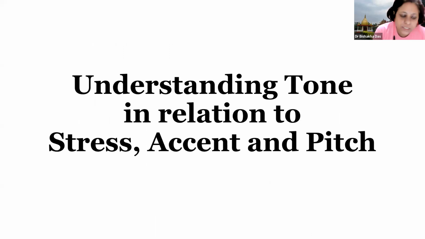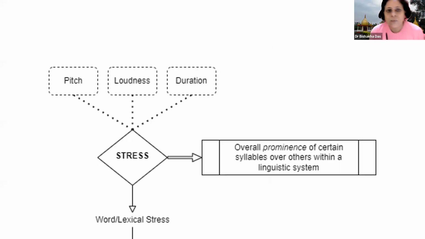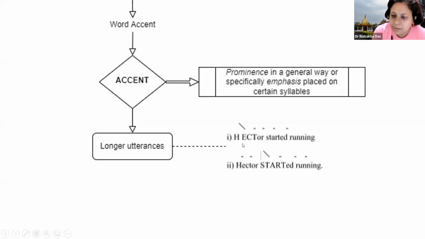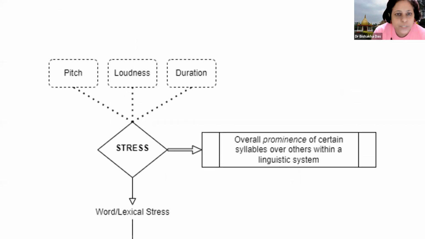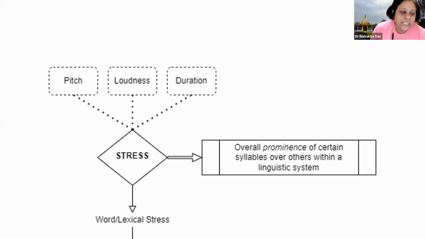Now let us try to understand tone in relation to stress, accent, and pitch. So this is just a revision from a book of phonetics and phonology. First we come to stress. Now the term stress is related to loudness.